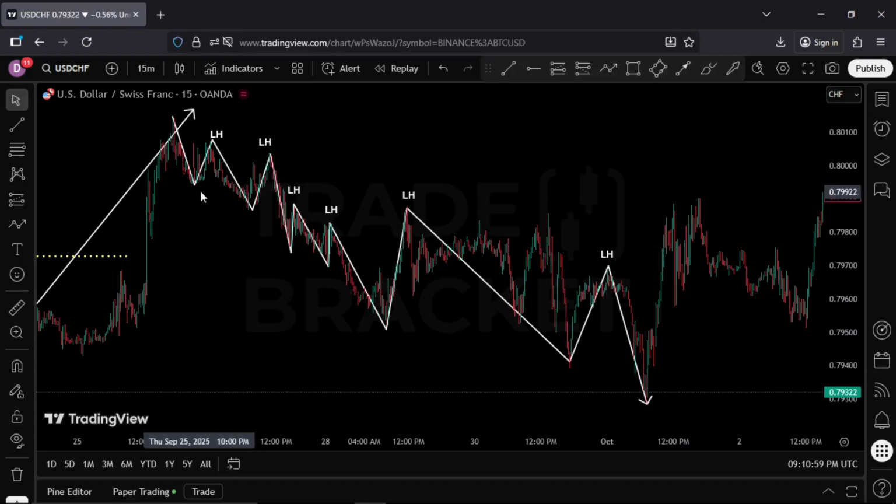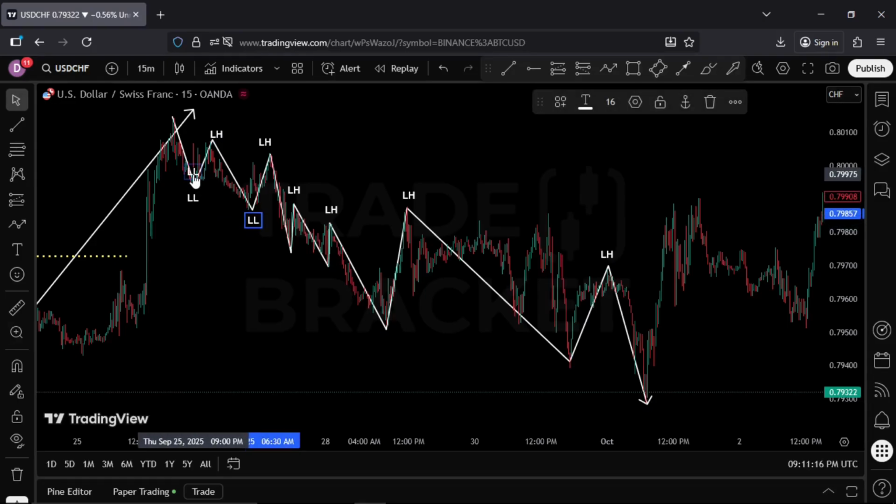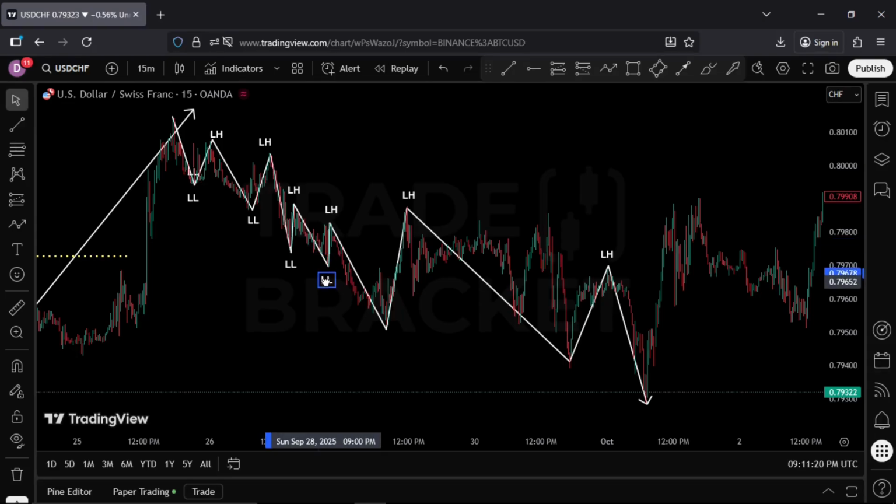Now I want to mark the lower low. So I grab my text, and this right here will be lower low. Same thing, I copy and paste, Control C, Control V, so many times so that I get many instances. Just drag this right here, lower low. This right here, lower low.